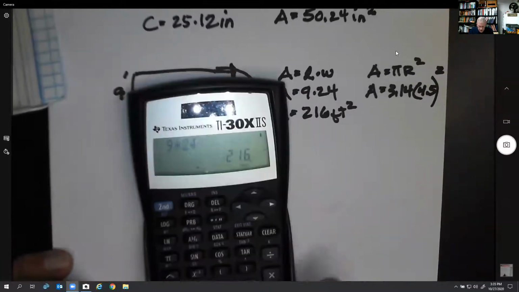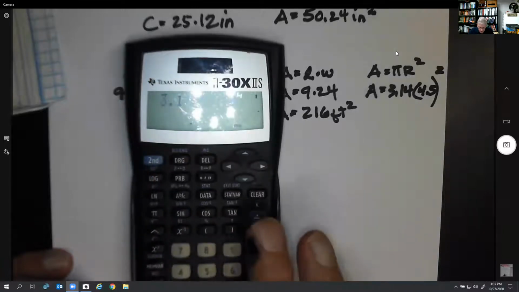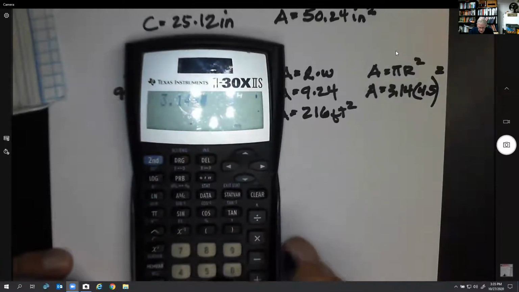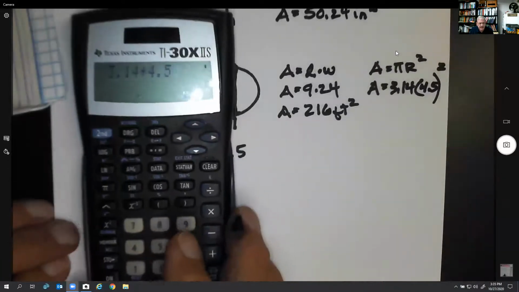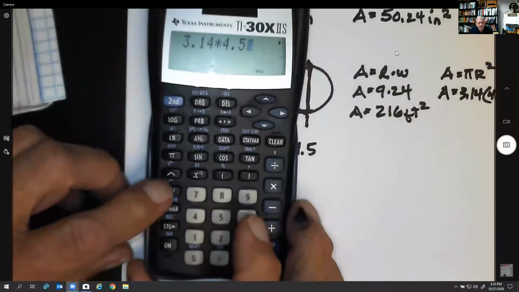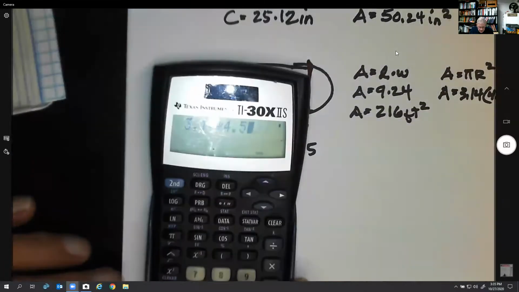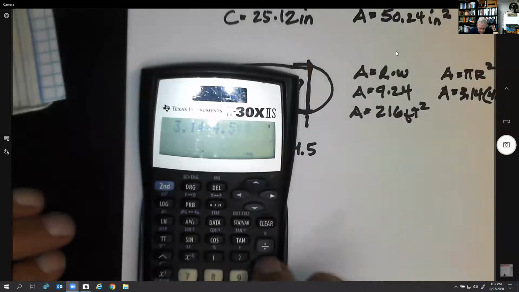Okay, so on my calculator, I could do it two different ways. 3.14 times 4.5, and I could hit my x squared key on this calculator. It's down here. That would square it, but not always have this kind of a calculator, so I'm going to hit times 4.5 again.